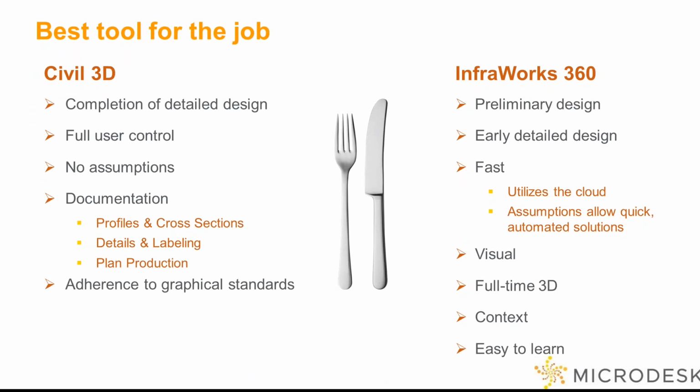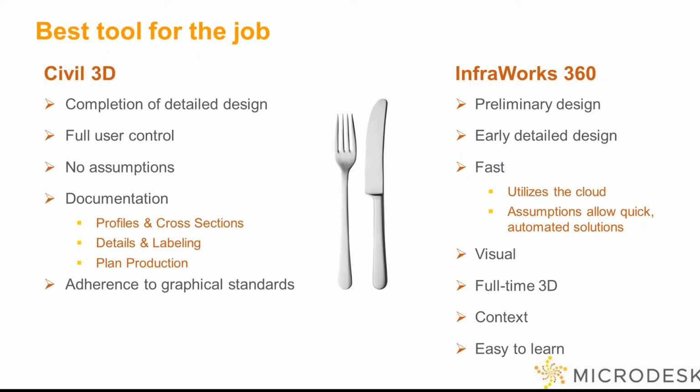So, all in all, in conclusion of a lot of these things I've been discussing, each tool has its own strengths. Using the two of them together is really going to streamline your workflow and automate what you're doing. So utilize Civil 3D for all of your detailed design work. You'll have full user control with no assumptions.